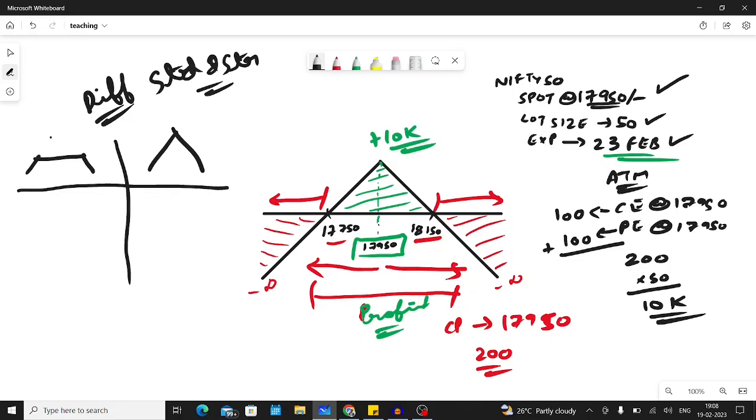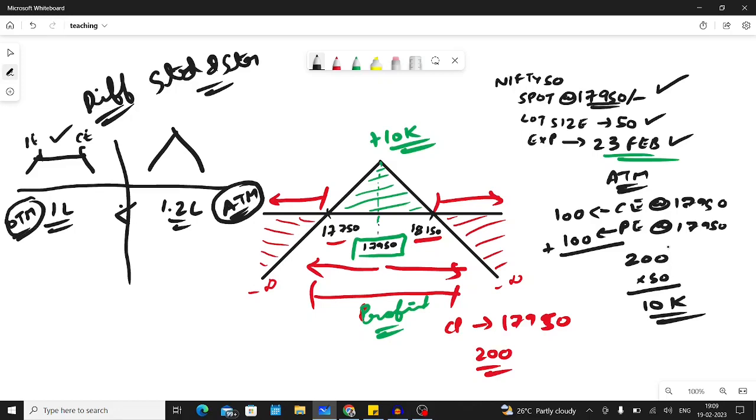So in order to take a strangle, we will require somewhere around 1 lakh rupees for both put option and call option combined. But in straddles, we will require somewhere around 1.2 lakhs, a little higher than strangles, because these are out of the money options, right? Whereas a straddle is at the money options. So at the money options are a little costlier than out of the money options.